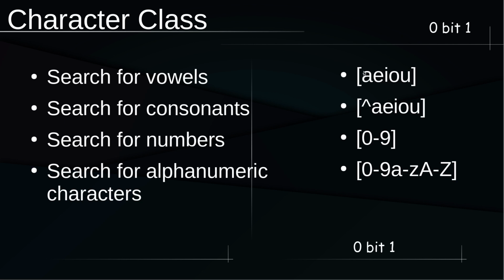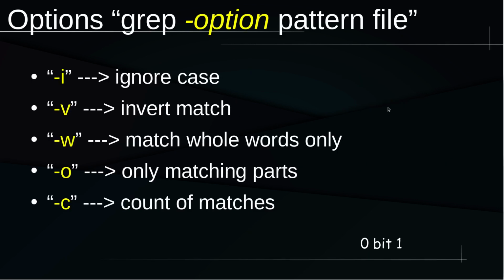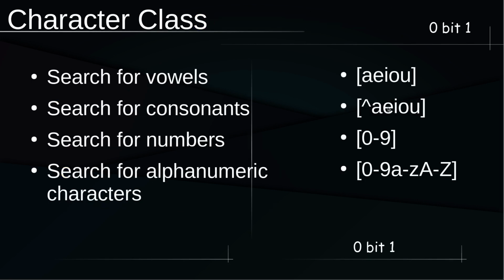So if there's an A, or an E, or an I in the word, and similarly for O and U, it will be considered a match. Now if you want to match all the words that do not contain vowels, just put this up arrow before this set of characters. It will check for all the words that do not contain A, E, I, O, U.